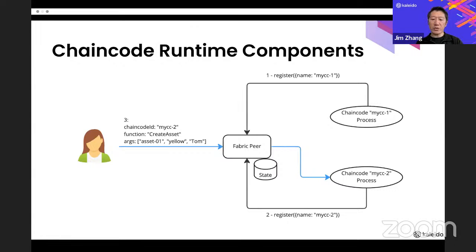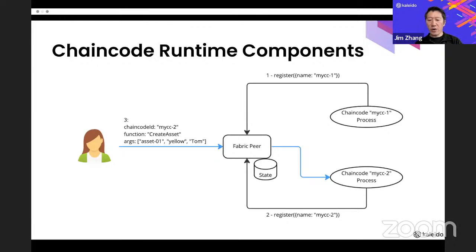So after this registration, Fabric peer would know when it takes a transaction request, let's say in this example, that specified the Chaincode ID being my Chaincode-2, it knows it's going to forward this to the process on the bottom, which registers itself for that name.